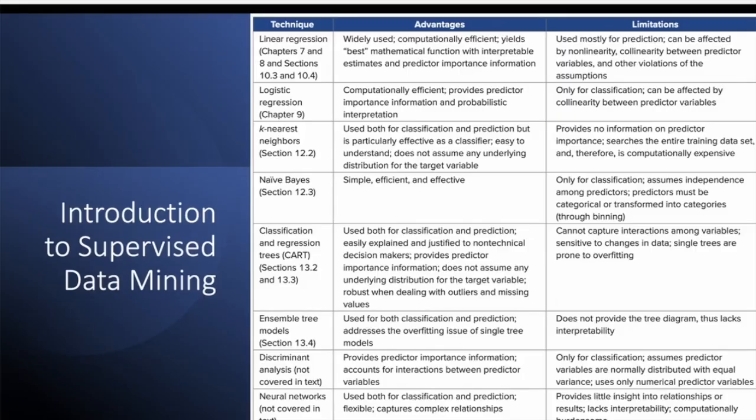Also, we discussed in chapter 11 performance measures to assess predictive models. We discussed two types of performance measures, one for the classification models, one for prediction models. For the classification, we have something called a confusion matrix. This one is used to summarize all outcomes obtained from the validation dataset.